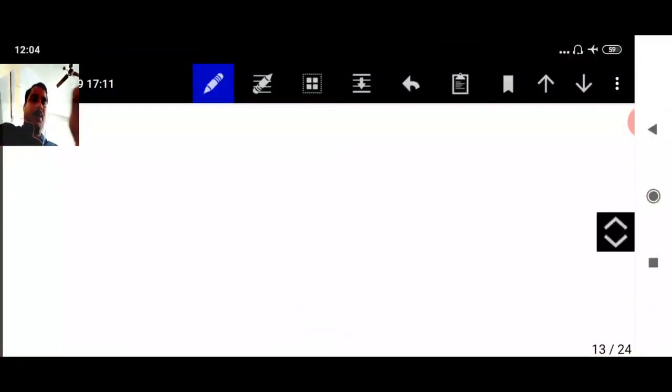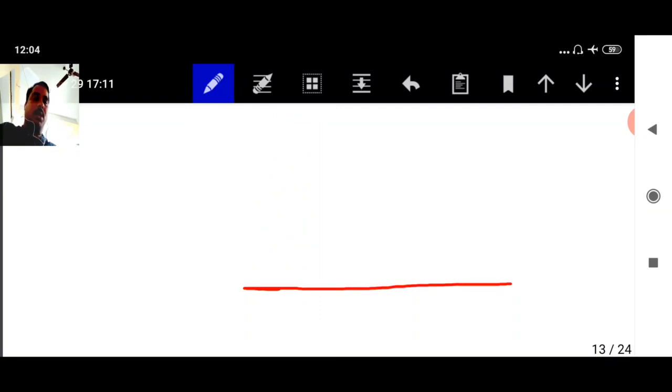Means if you want to mark a number line, then draw a straight line, put 0 and mark or represent positive numbers on the right side of 0: 1, 2, 3, and these intervals will be equal. Means this interval and this interval, or gaps, will be equal.